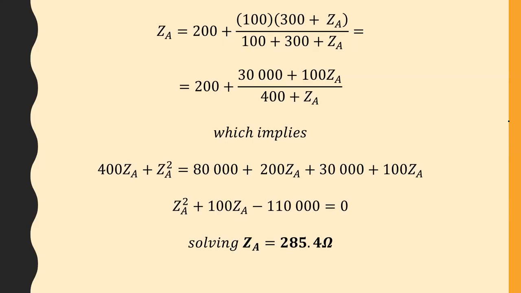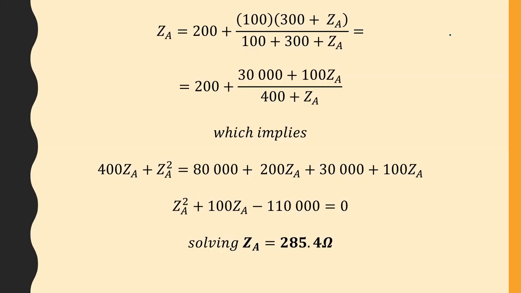Sir, could you go back one slide, the diagram, please, sir? The same network that we had before, the original network. So it's a 200, 100, and 300. It's a T network.